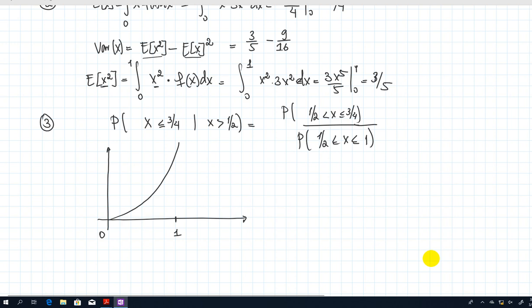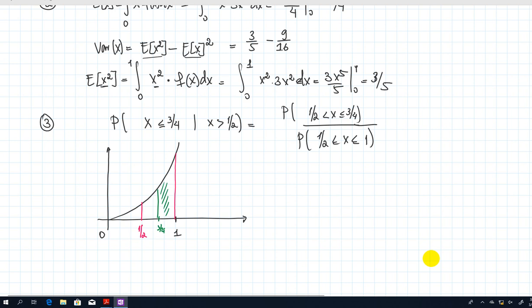If you're given this area, from 1 over 2 until 1, this red area, what is the proportion of this green area from the red area?